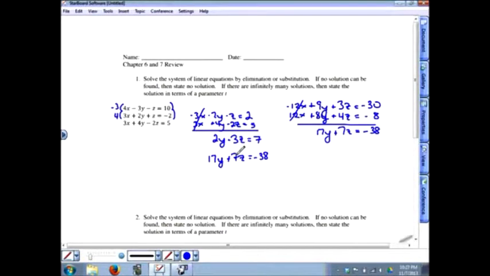So between -3 and 7, the least common multiple is 21. So this would need to be multiplied by 7. This would need to be multiplied by 3.